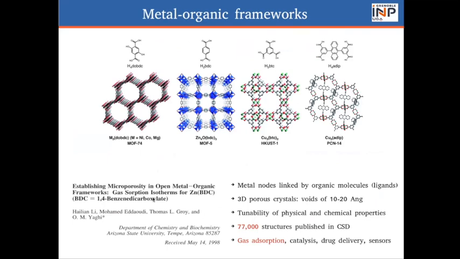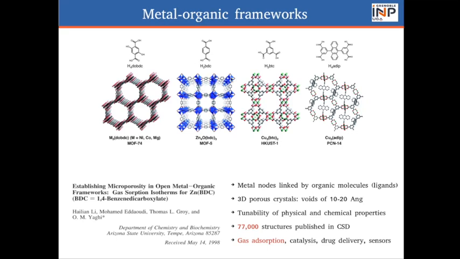These materials are 3D networks where there are molecular ionic centers that are connected together by organic molecules. Here we show just four examples of different topologies. They are very interesting for gas separation because of their porosity, but also because we can have a large tunability of the physicochemical properties by changing the components.